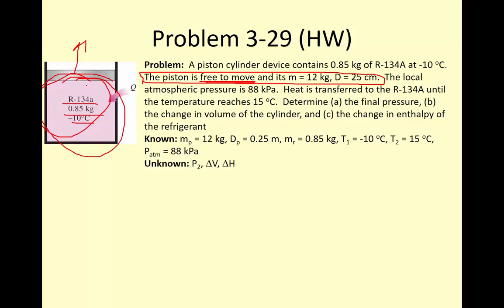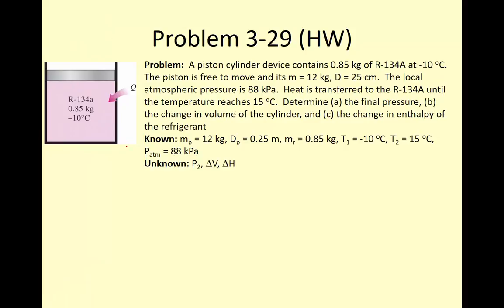Okay, so the gas right now is contained within this piston cylinder device, and it's already balanced the weight of this piston to give us whatever the pressure is. Okay, so we know the local atmospheric pressure is 88 kilopascals. What we have to figure out is, in combination of the weight of this piston plus the atmospheric pressure, what is the pressure inside here?